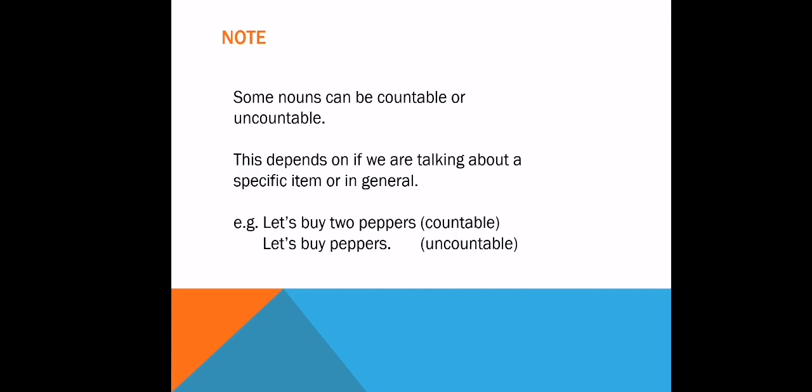This indicates there are only 2 peppers. You can see the peppers, so it's countable. But if someone says let's buy peppers, we do not know how many peppers they want, so it becomes uncountable because we cannot know how much pepper they want.